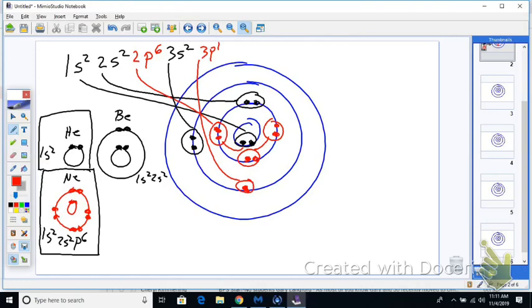All right. So now, what I want you to do is write out the electron configuration for argon.